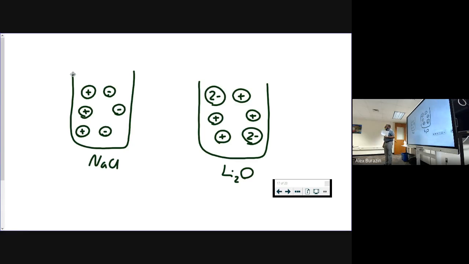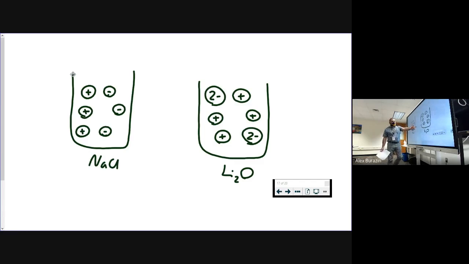I think that's maybe where people are getting confused on this one, because I've been asked about this earlier today too. What I'm looking for with this picture is give me an ionic compound that has 1 plus, 1 minus ions. It could be any 1 plus, 1 minus combination. So I had sodium chloride. That's fine. Could have been lithium fluoride or potassium bromide or whatever. There's a whole bunch of choices. As long as the cation you pick is a 1 positive cation, and as long as the anion you pick is a 1 minus anion, you're good, and it's correct.